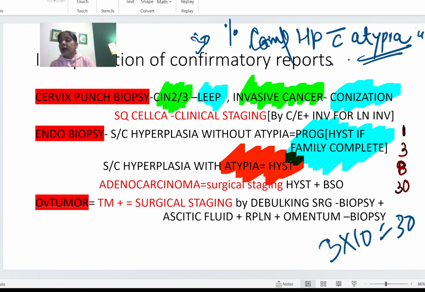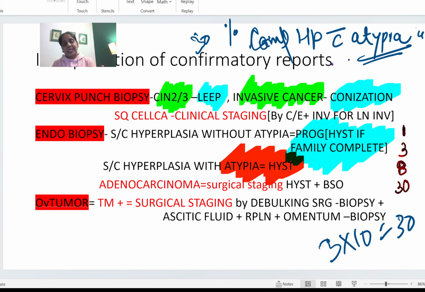If on the biopsy report adenocarcinoma is written, cancer is there, now this time no pre-malignant lesion, then what treatment will we give? Write down in the chat box. Then we will undergo surgical staging.